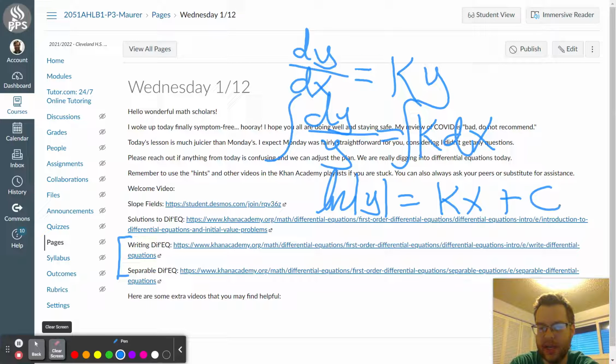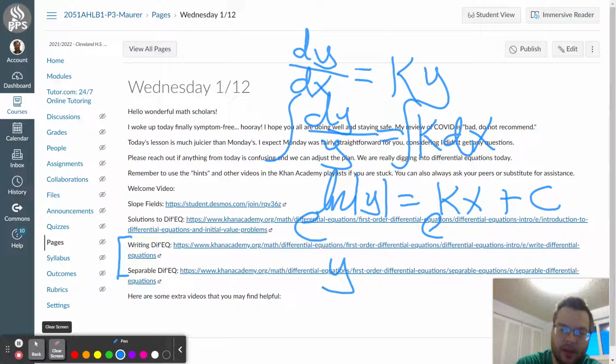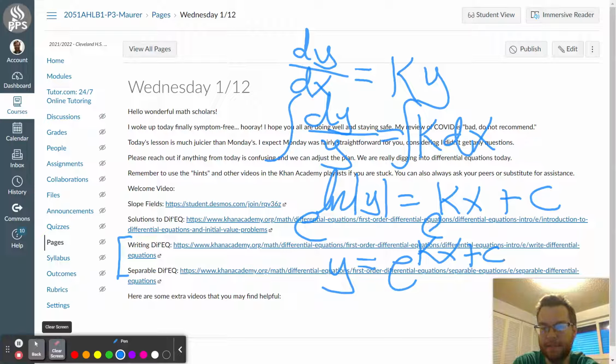So that's why we used the k earlier, because now we got a c. Luckily, because we're talking about population, the y value is always positive, so we can ignore the absolute value bars, exponentiate both sides, and we get y equals e to the kx plus c.